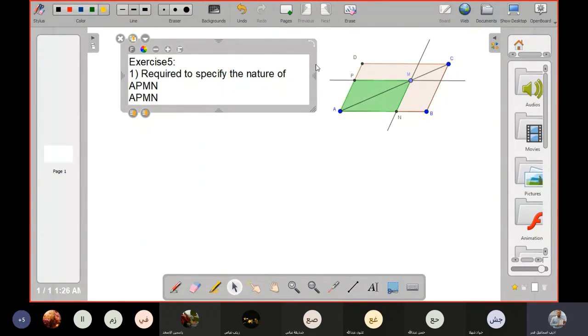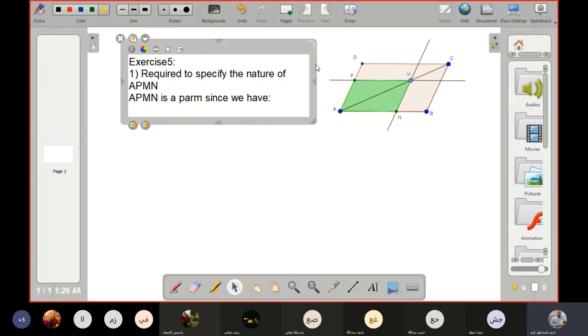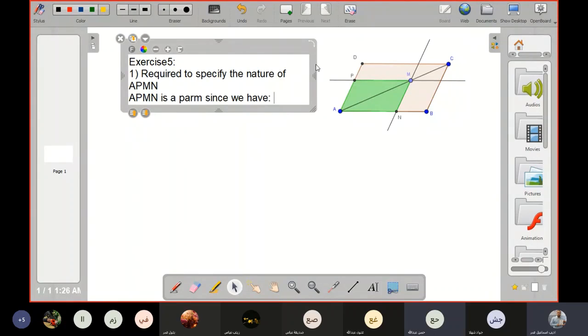APMN is a parallelogram since we have... Why is it a parallelogram, Yasmin?